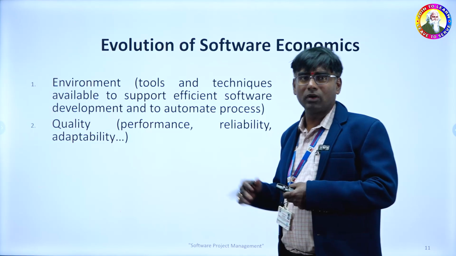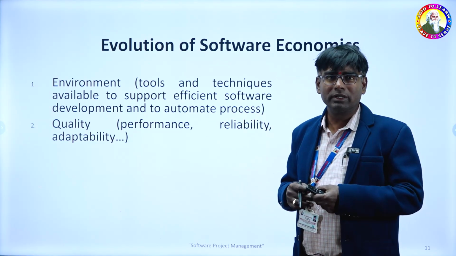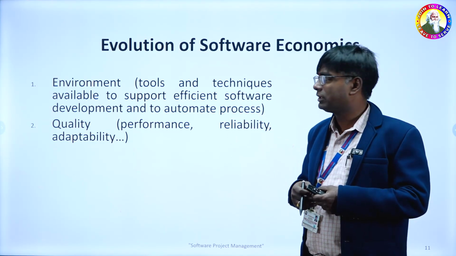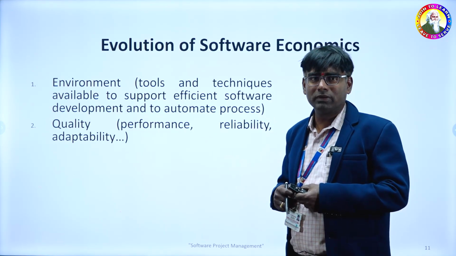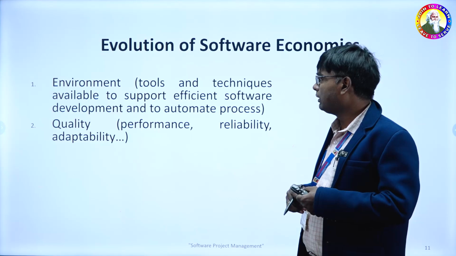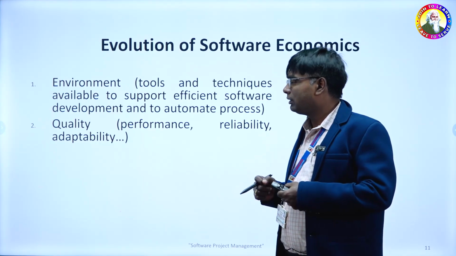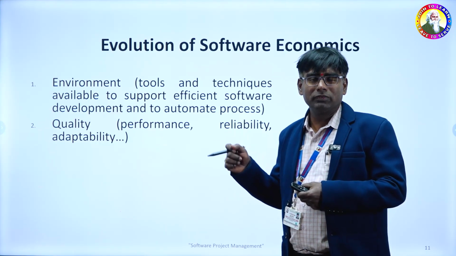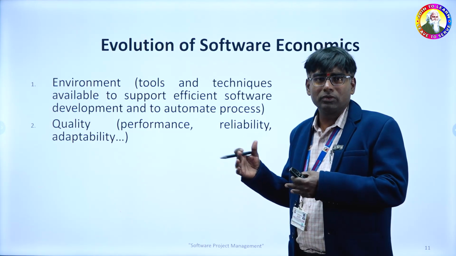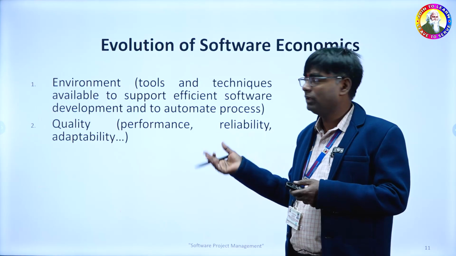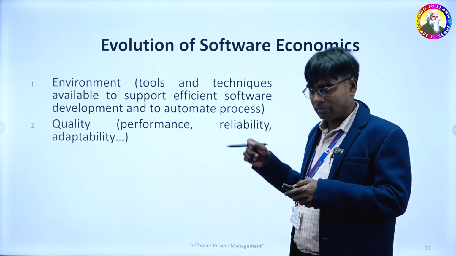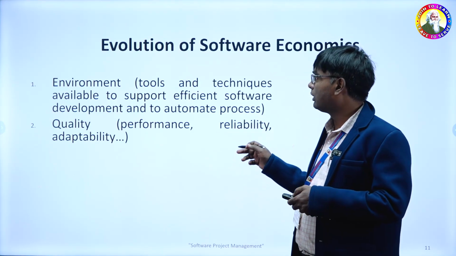Performance metric is very important: how the product is performing when it is in the beneficiary's hands. Reliability: how reliable the product is should be assessed here. And adaptability: any product which we are delivering to the beneficiary must be able to adapt to all kinds of environments, be it software or hardware environment. The product must be able to reach every community. That is what quality is here.